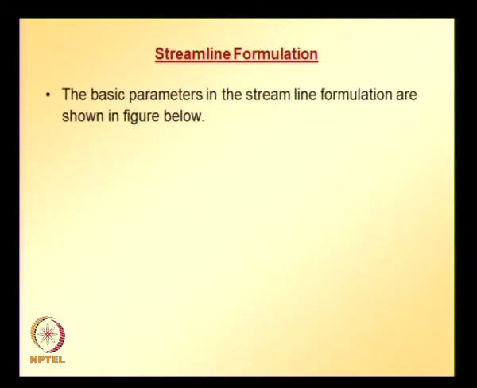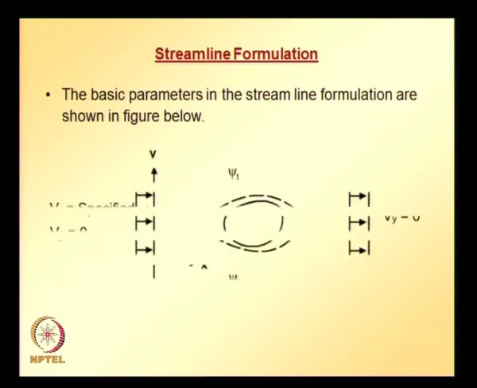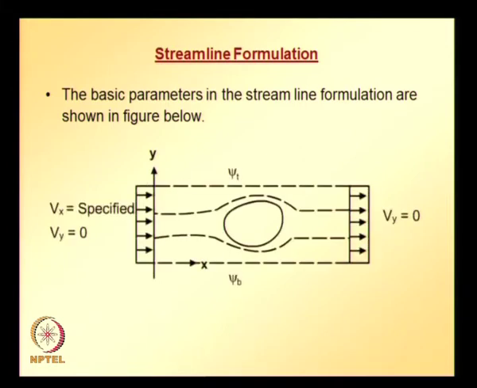The basic parameters in the streamline formulation are shown in the figure below. The field variable for streamline formulation is the stream function, which is denoted with psi, and it is related to the fluid velocities in x and y directions.